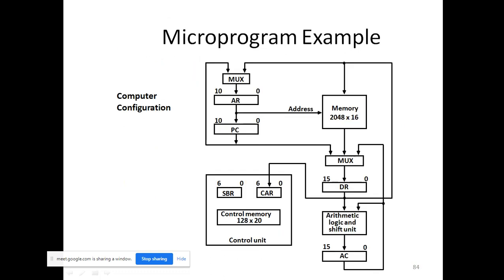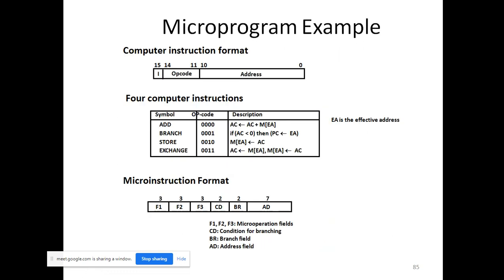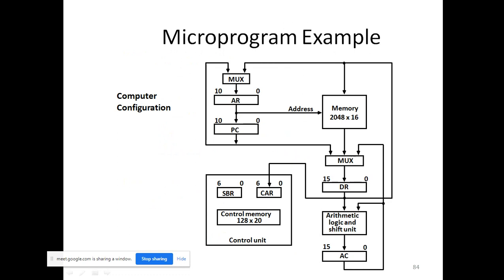So once again I am explaining: to get the address field, just convert it into powers of 2. So 2048 equals 2 power 11. That's why, in the computer instruction format, the size is 2 power 11, bits 0 to 10, which means 11 bits.